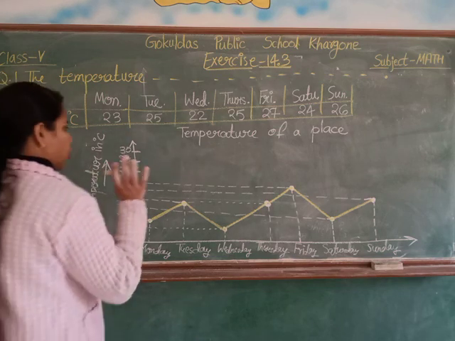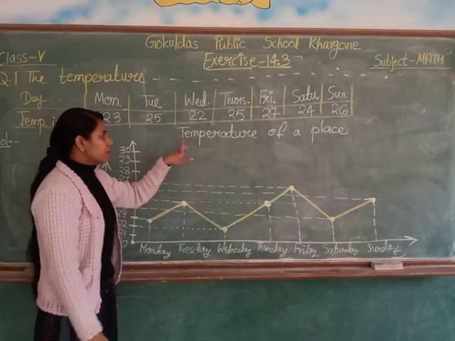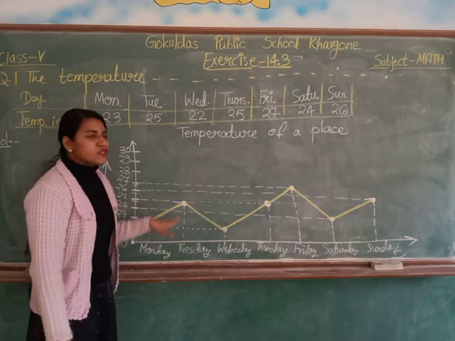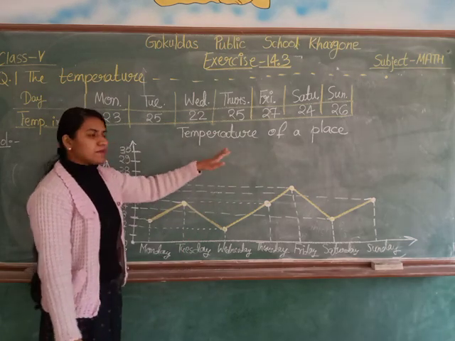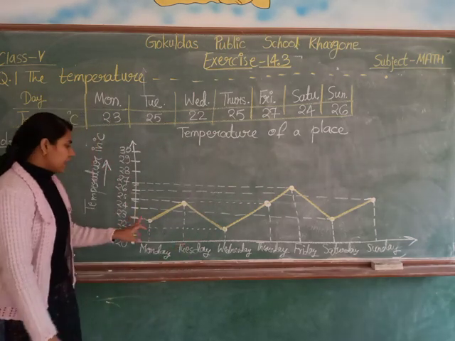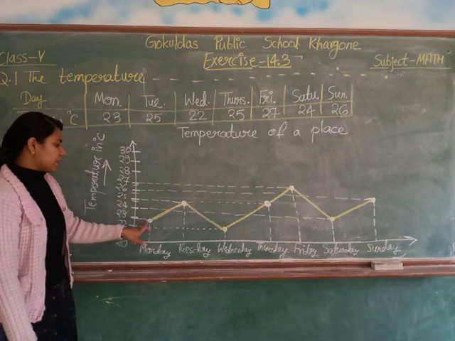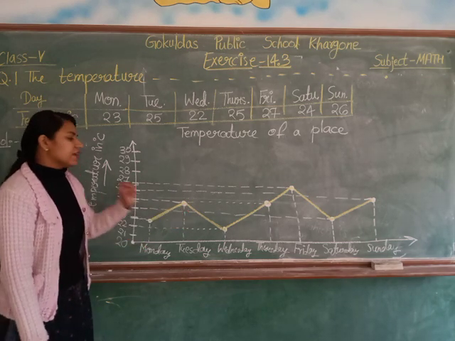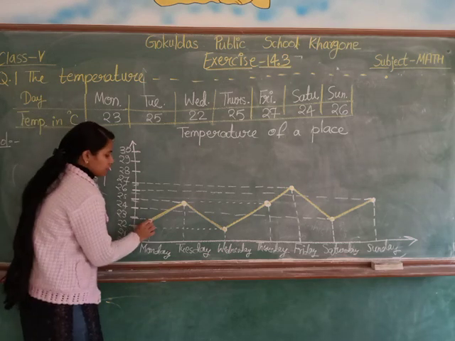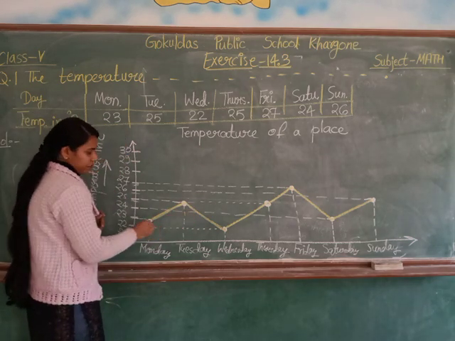Now we can easily observe, by the title, that this graph is showing the temperature of a place. We can observe that on Monday the temperature was 23, on Tuesday it was 25. Means what? Temperature is varying according to time.